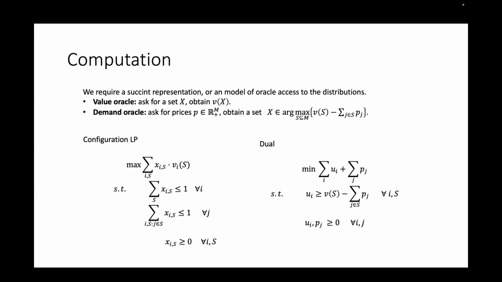To compute things, it requires some form of succinct representation of the evaluations or some oracle access to the distributions, because there are these huge lists of numbers, right? Exponentially many. If we want to look at this list, there's no way we can have polynomial time.